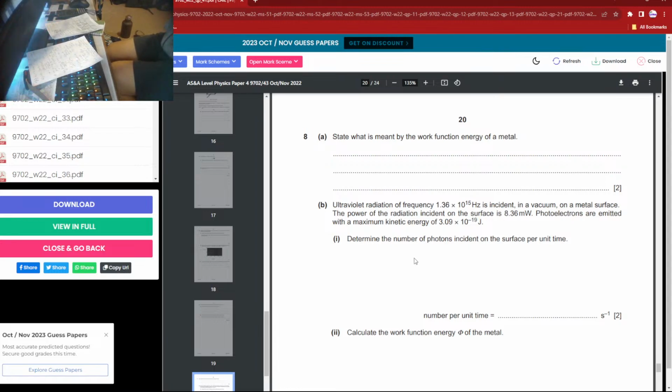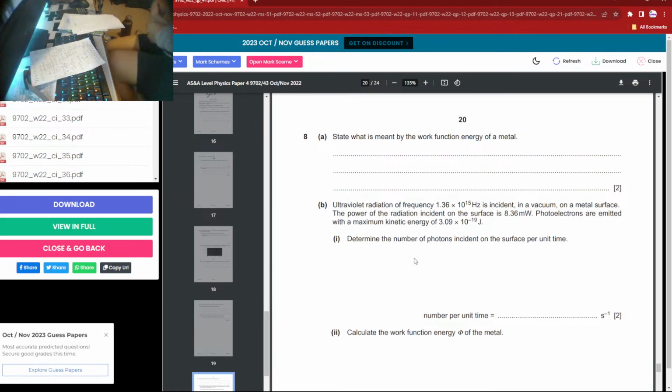So it's one photon energy actually, the amount of photon energy required to move an electron with zero kinetic energy. Okay, next one, 8B1.